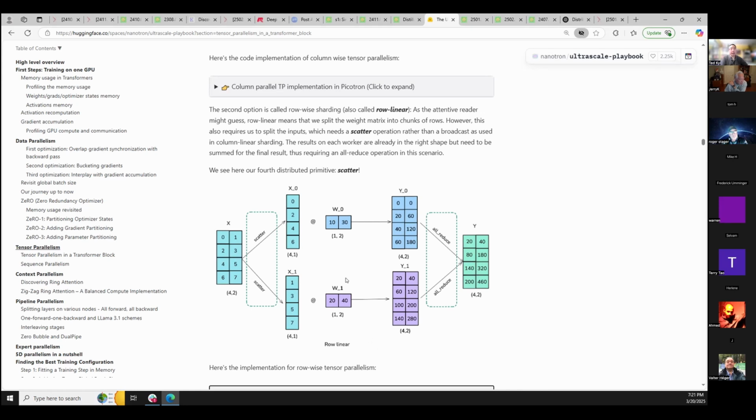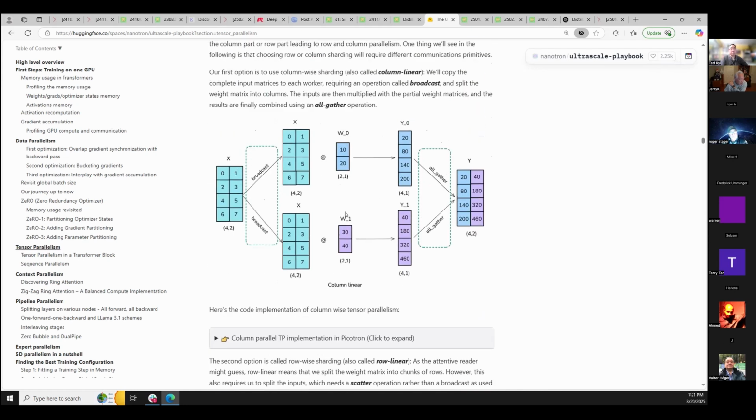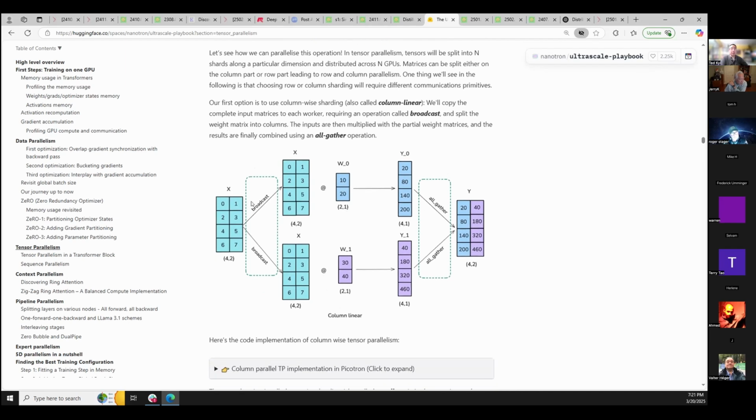Yeah, so if you look at this diagram, it's even simpler. You have two copies of the input matrix X. You do a regular matrix multiply to get this piece, and the other GPU does a regular matrix multiply to get this piece, and then they stitch them together.